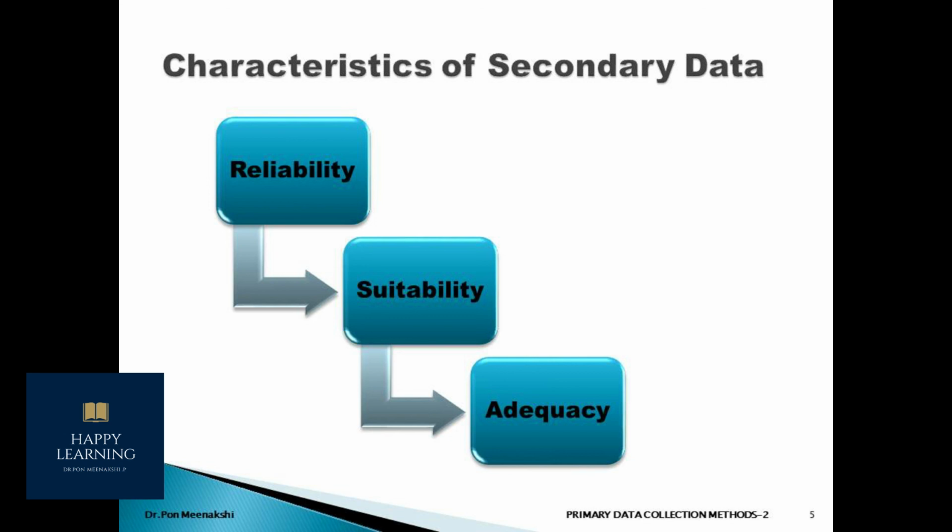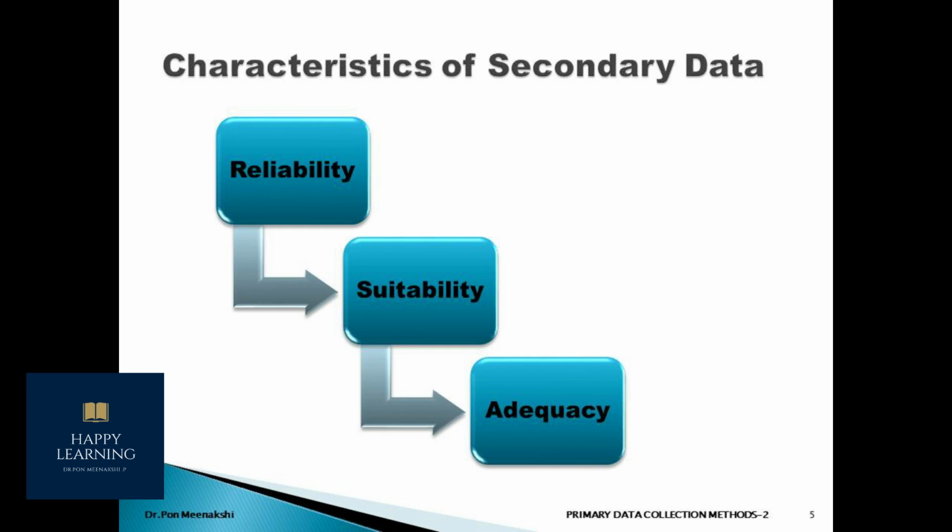Before we use secondary data, for example if you are verifying the balance sheet of a particular company, you have to see the reliability of data, and whether it is suitable to your study. And next, is it adequate? You have to collect adequate detail. It must be suitable to your title and objectives, and it must be reliable. So these are the three main characteristics of secondary data.